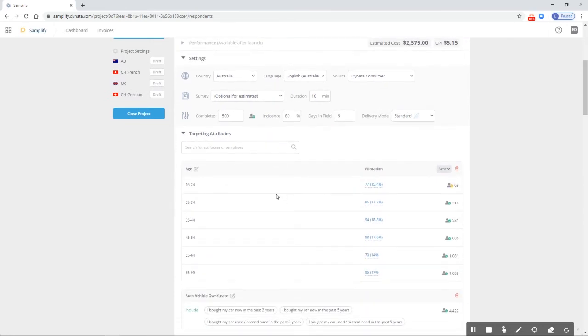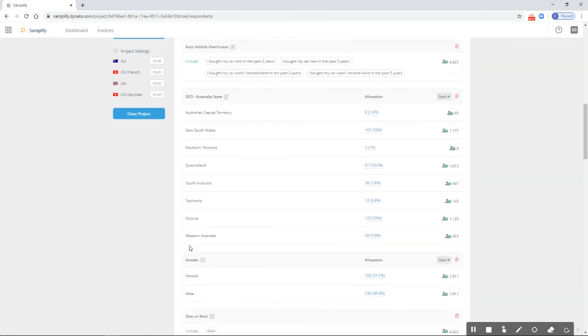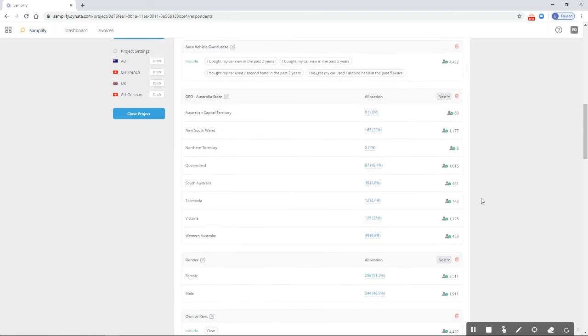In this case, we did set it up: age, vehicle, geo, gender, and own rent. The one thing we can see here already is that for the majority of my quota cell lines, everything is green. But we have one which is low with 8 completes. It still shows green, which means we can achieve this.